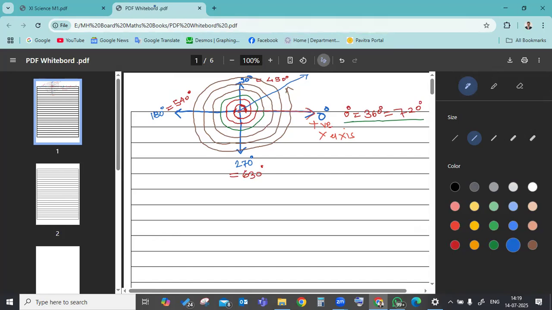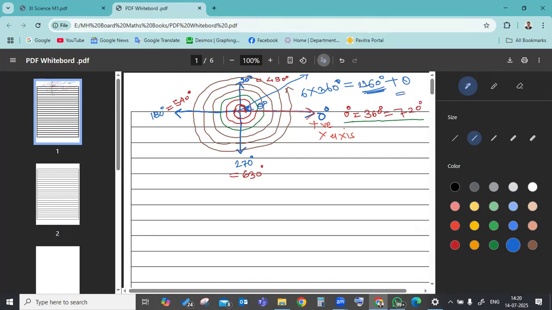So it will be same as 6 into 360 degree, which is equal to 2160 degree. Plus theta. Let's say this portion is theta. So this angle is theta degree, then it will be 2160 degree plus theta.